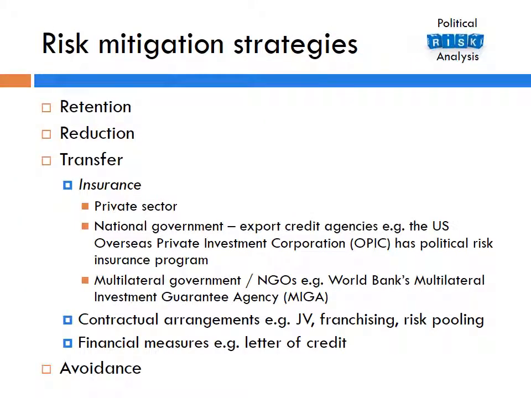Now we turn to risk mitigation strategies. There are four main strategies: retention, reduction, transfer, and avoidance. Retention, as it suggests, is where a company decides to retain the risk, take the hit should something happen.